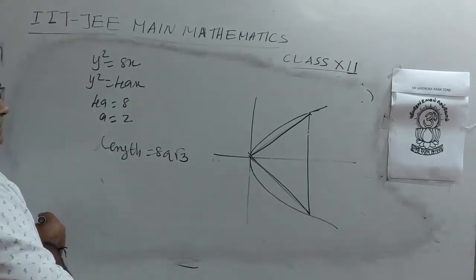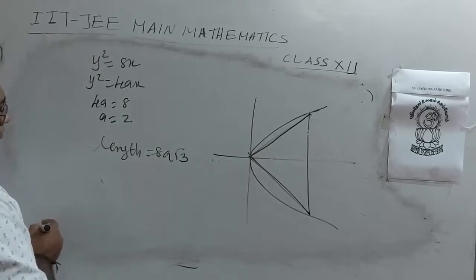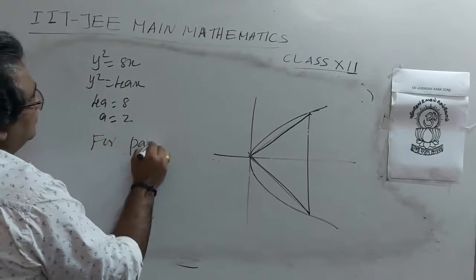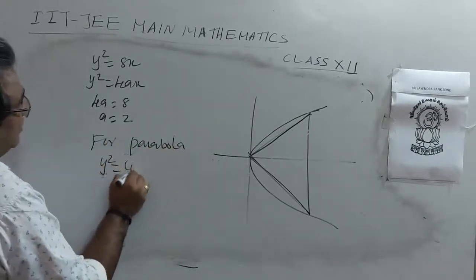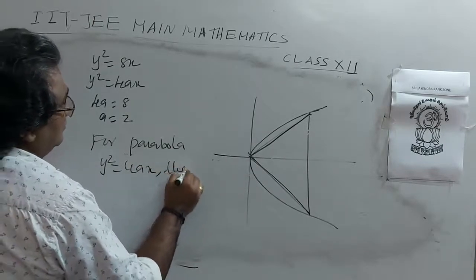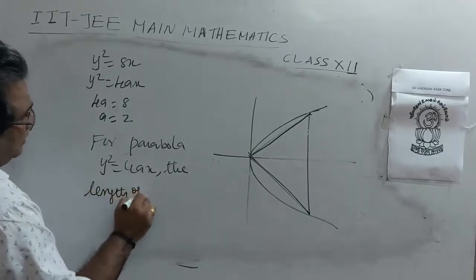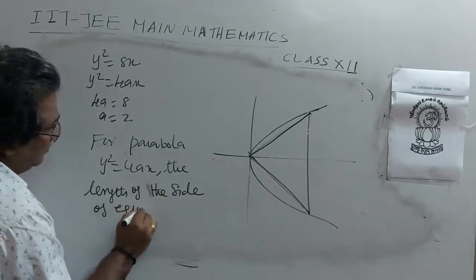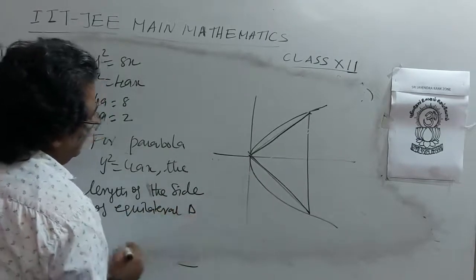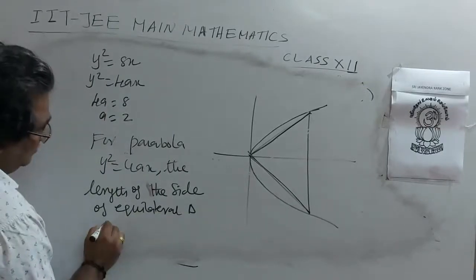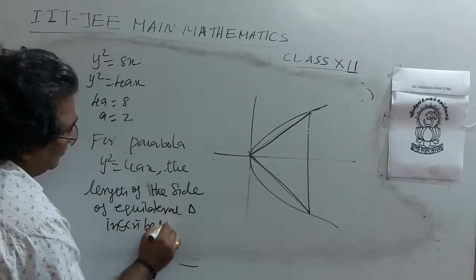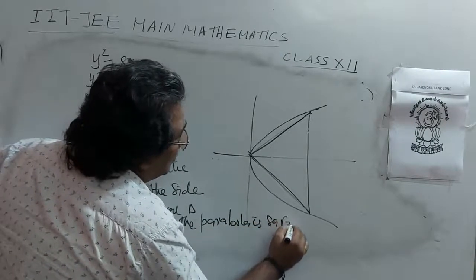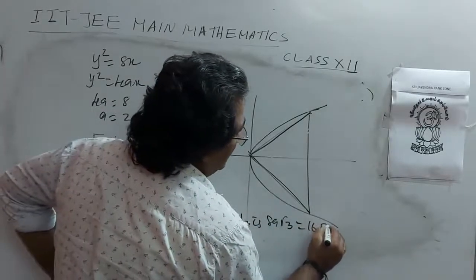Length of the equilateral triangle inscribed in a parabola: for parabola y² = 4ax, the length of the side of the equilateral triangle is 8a root 3. Here a = 2, that is 16 root 3.